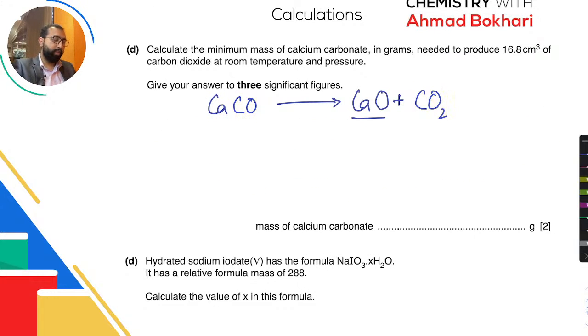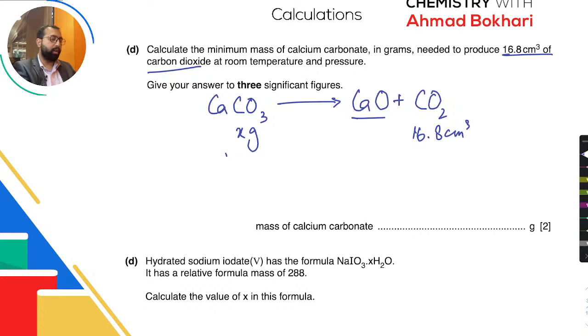My question said that I have calcium carbonate breaking down, producing carbon dioxide. The mole ratio is 1:1, so that makes things really easy. All right, so what information do I have? I want to produce 16.8 cm cube of carbon dioxide using this, and I want to find the mass of this thing. All right, I'll use the ratio method.